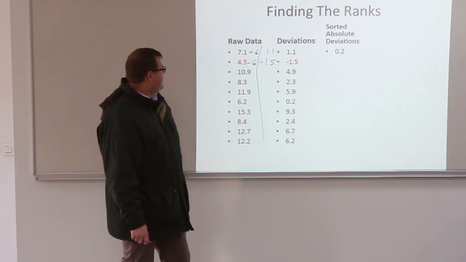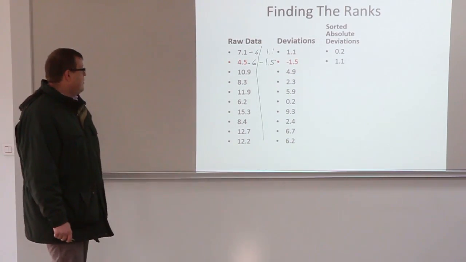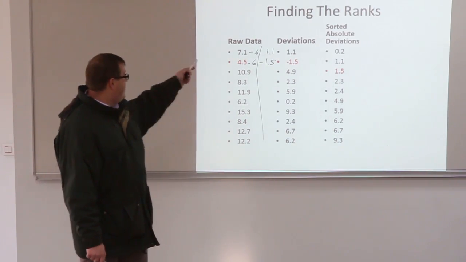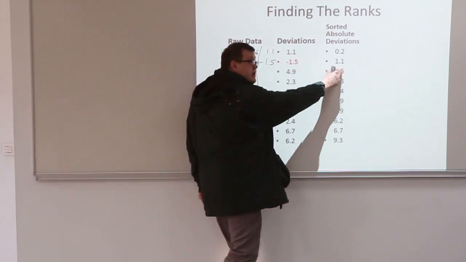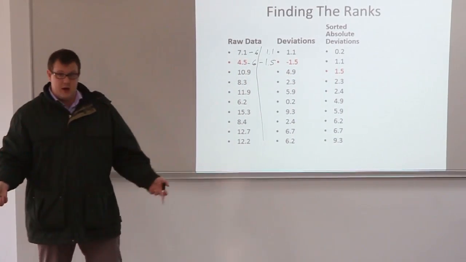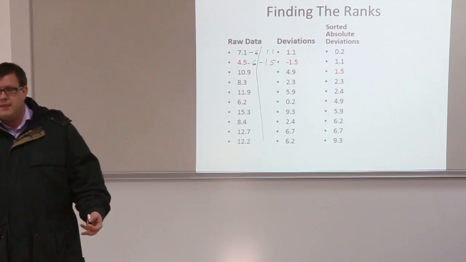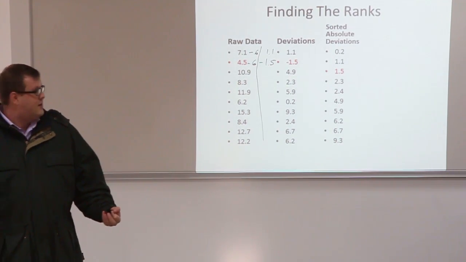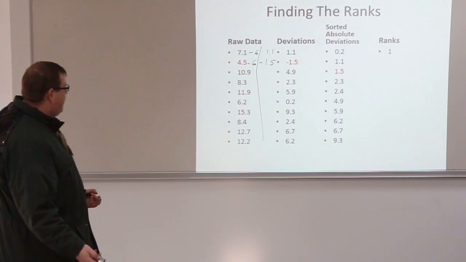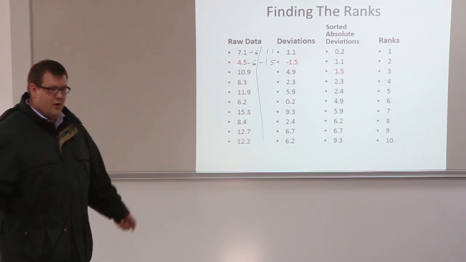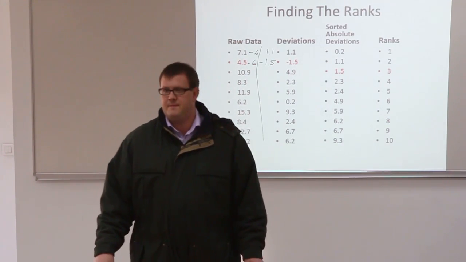No. So 0.2 should go first. Then 1.1, 1.5, and then the rest of it. Notice we have the absolute value of the deviation here as opposed to the signed deviation. Okay, now what? This is the easy part. Rank them. Okay, what's the rank for 0.2? 1. How about 2? And so on. What's the final step?